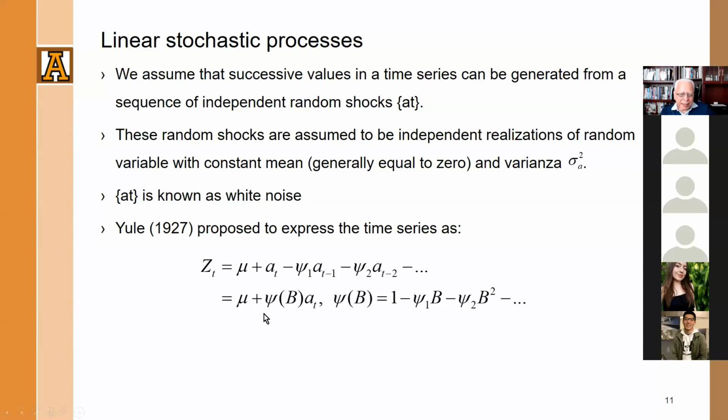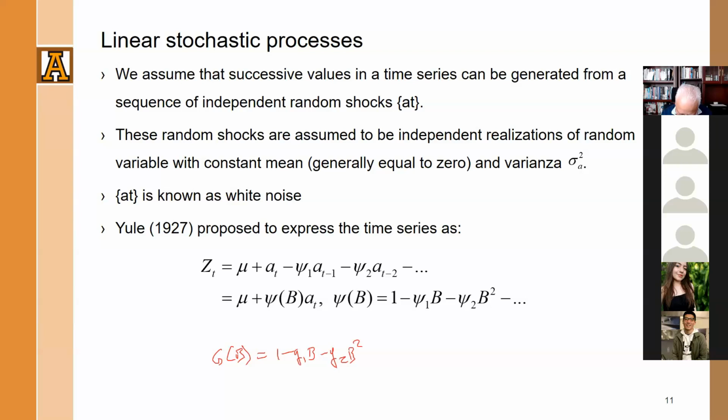Okay, so we'll use the psi polynomial to represent this possibly infinite polynomial with an infinite number of terms, which are 1 minus psi1 minus psi2. If you see, we keep the same form of the polynomials. Remember the first, we saw G of B, and we said this is going to be 1 minus G1 B minus G2 B squared, and so on.